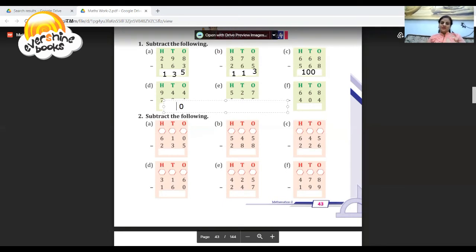Next is 4 minus 4 is 0. 4 minus 0 is the number itself, 4. And 9 minus 7 is 2. So the answer is 241. Next is 7 minus 5 is 2. 2 minus 2 is 0. And 5 minus 1 is 4.